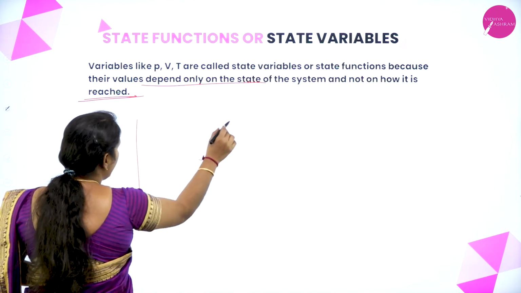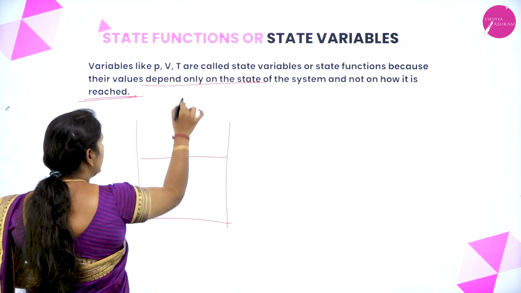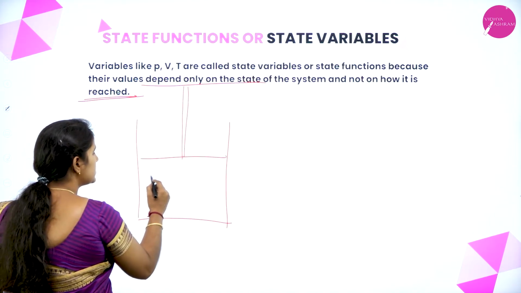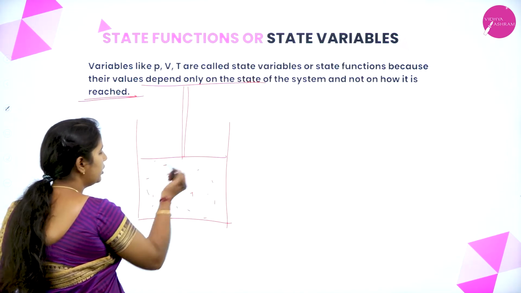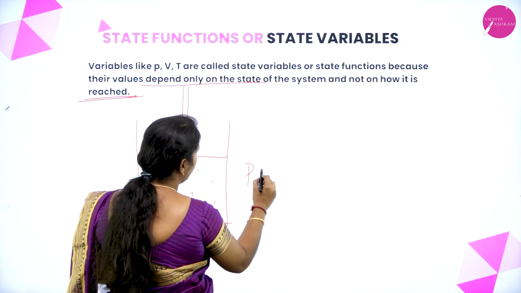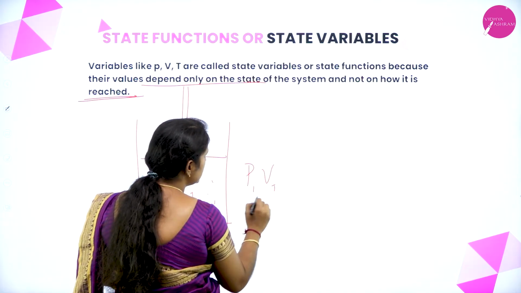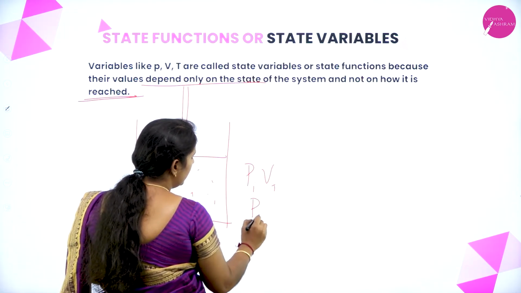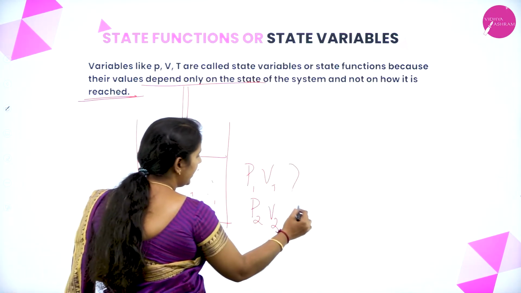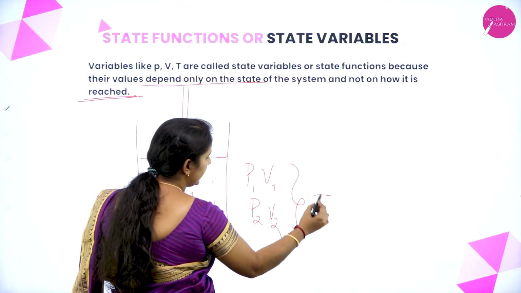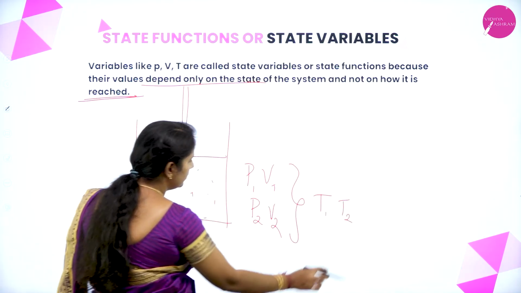The best example again: I have taken a closed container and placed the gas molecules in it. If I apply pressure, the pressure and volume change from P1 to P2, V1 to V2. Correct? If you change the temperature also, it can change from T1 to T2.